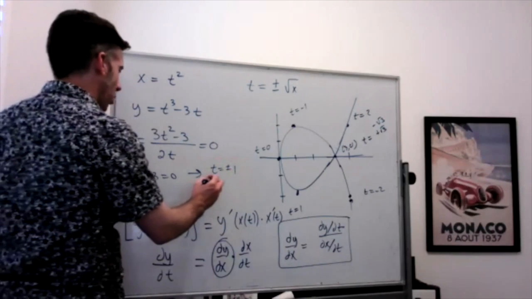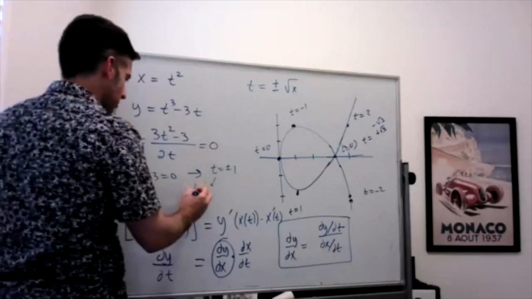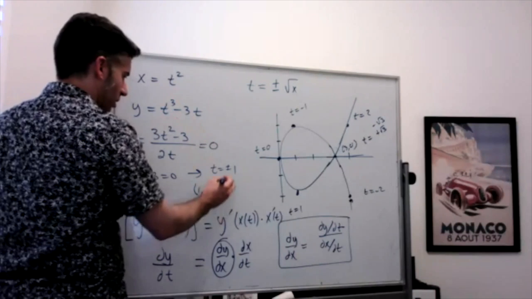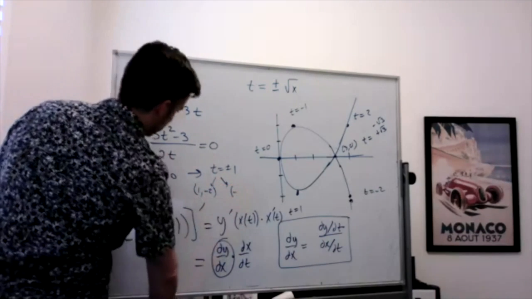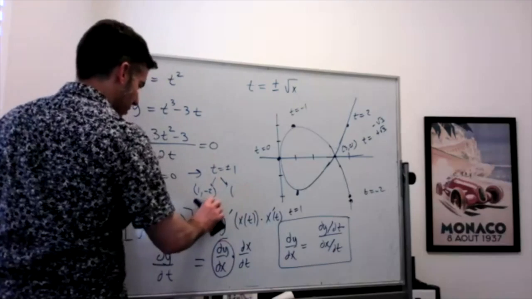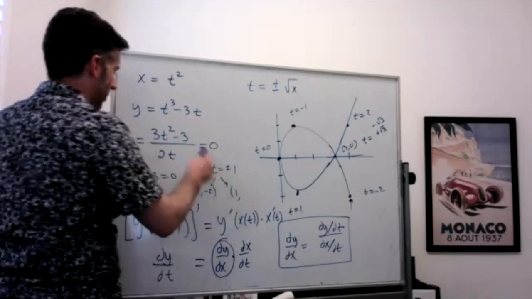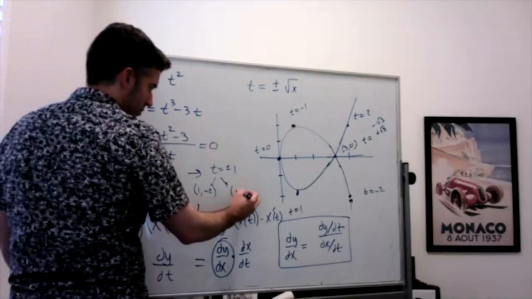Which means I'm going to get the points. When t is 1, I'm going to get x equal to 1, y equal to 1 minus 3, which is negative 2. Sorry. When t equals negative 1, I'm going to get x equal to 1, and y equal to negative 1 plus 3, which is positive 2.